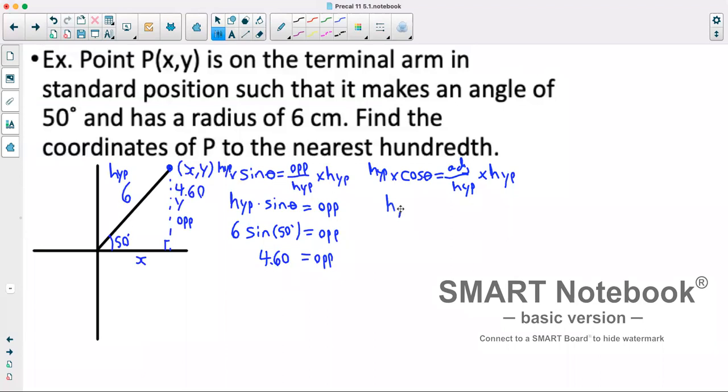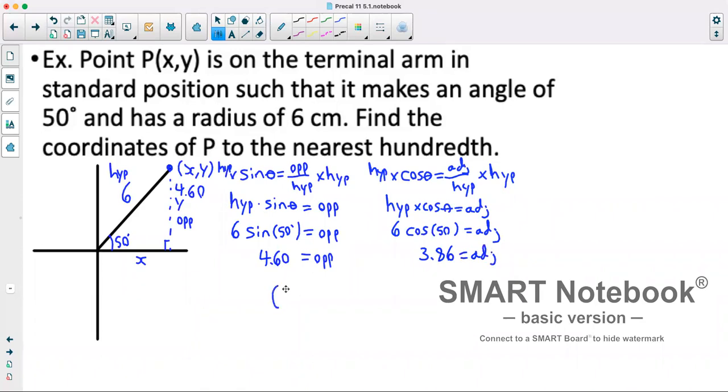So we have hypotenuse times cos of our angle gives us our adjacent side. So we have 6 cos of 50 is equal to our adjacent, which is 3.86.